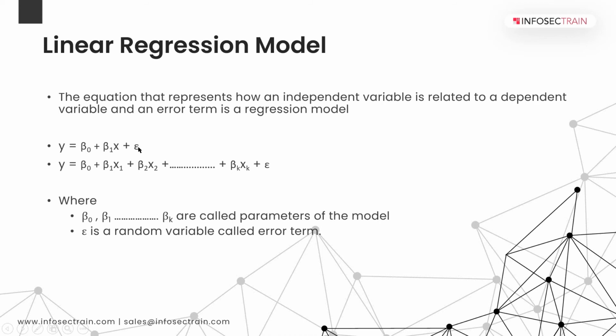If you remove this epsilon, anyone? Basically, this is the equation of a line: y equal to ax plus b. So this is the equation of a line.